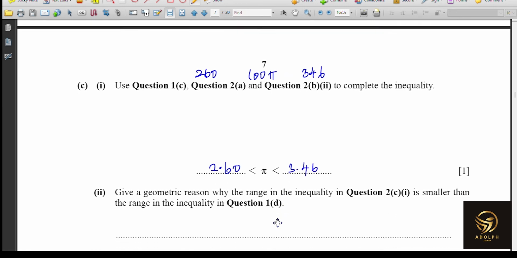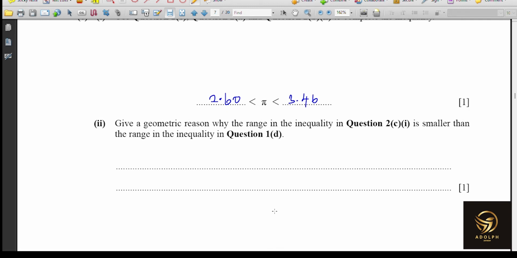Okay, then next they asked a question: give a geometric reason why the range in the inequality in question 2C1 is smaller than the range in the inequality in question 1D. In the previous question also they asked the inequality. We got 2 less than pi less than 4, but now 2 increased to 2.6 and the 4 reduced to 3.46, which means it shrank a bit.